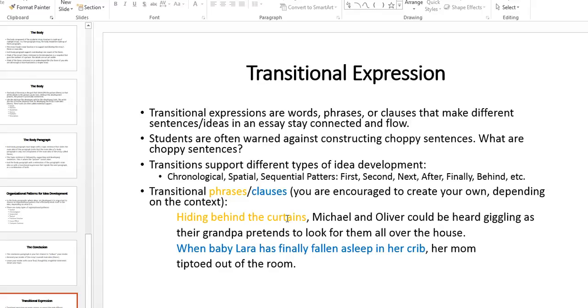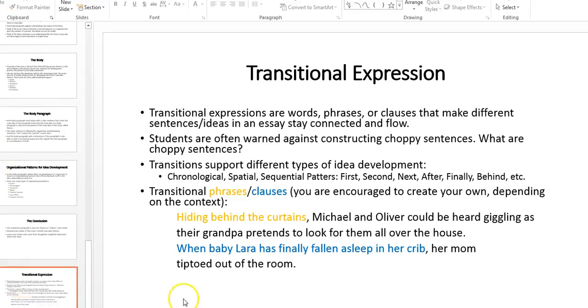What do you do when you chop a carrot? It means you take a whole carrot and you break it into different pieces, thereby disconnecting them. So you don't want your writing to sound choppy, to sound disconnected, as if they're just different parts and they're unrelated. You want that whole carrot piece. You don't want the pieces that are the result of your chopping them up.